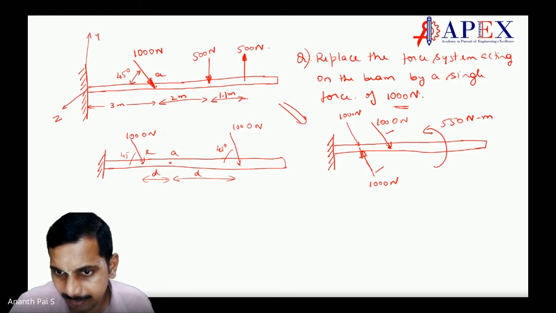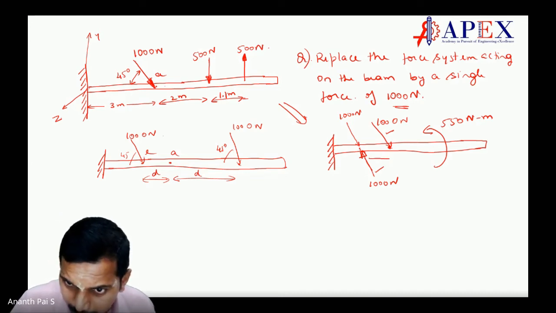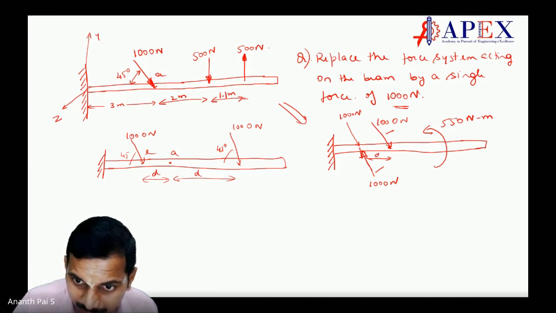Now what should we do? We should find this distance, that is d, or this d distance we have to find out. That's it. Okay, so let us see how to do that. So what should happen?